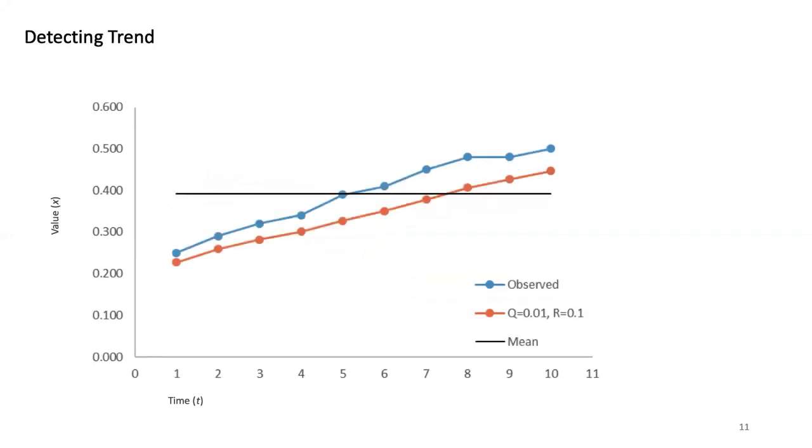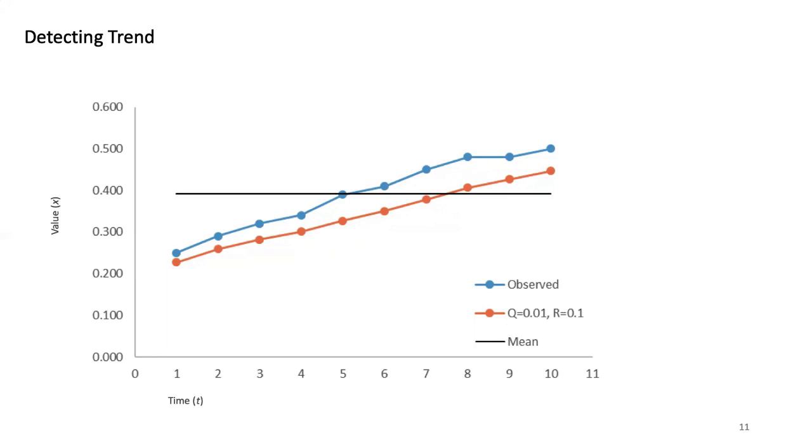Here it's slightly different. What I did is I arbitrarily rearranged all of the values. So instead of having these random observation errors, what if there's actually a trend in the data? What if the trend is going up? So I observed this monotonically increasing line in the blue line.